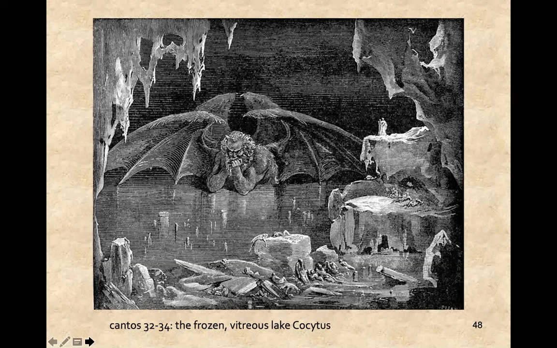And as you can see again in this image by Doré, Satan is represented with these wings which are flapping at the bottom of hell, and he says it's the flapping of these wings that is freezing the whole bottom of hell.